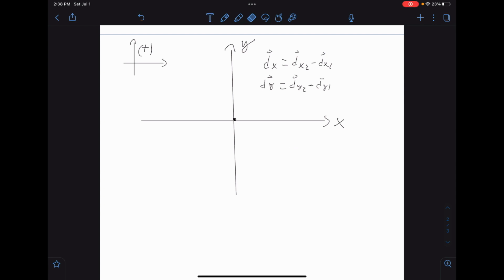But what if our displacement represented a right-angled triangle? Then what? Then we would use Pythagorean theorem, right? dt is equal to the square root of dx squared plus dy squared. And that's all you really need to know about displacement until we get into some example problems.